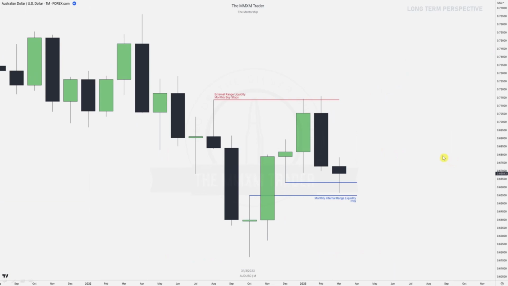So we've got an Australian dollar, US dollar monthly chart, and let's think about external to internal range again. Keep repeating that for yourself. If you see external range liquidity being taken on a higher time frame, it's highly likely to draw into a higher time frame internal range liquidity, which should be a fair value gap.